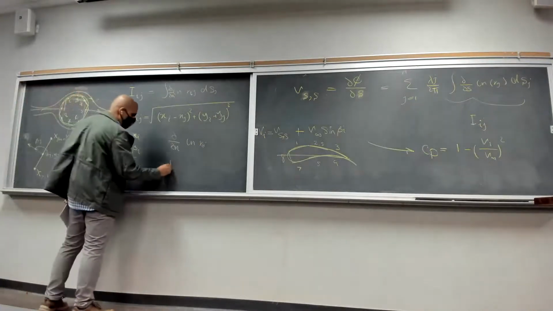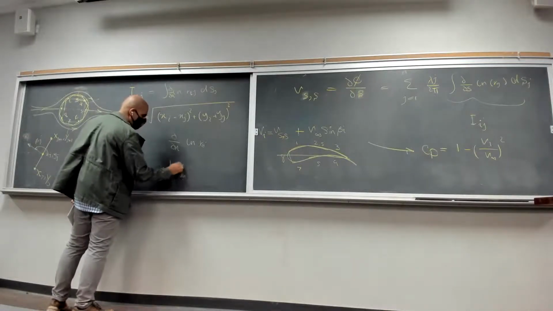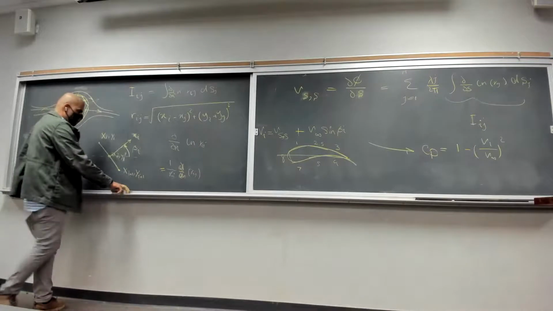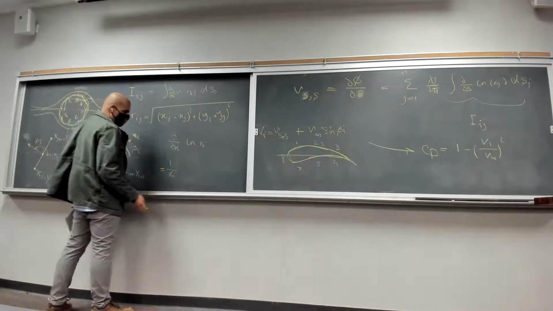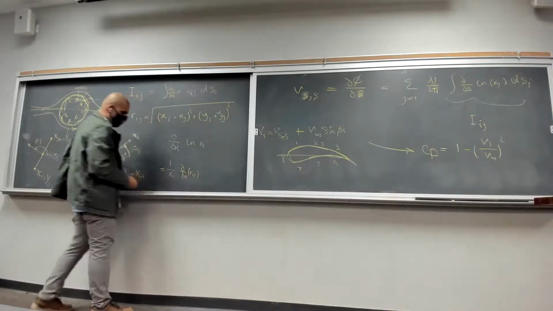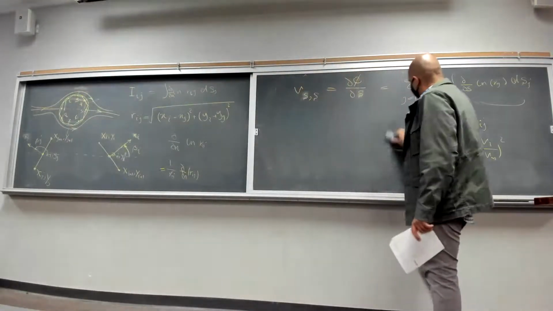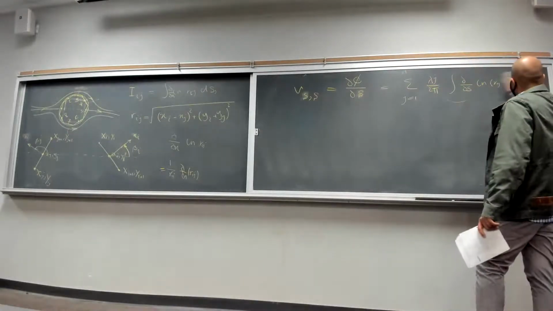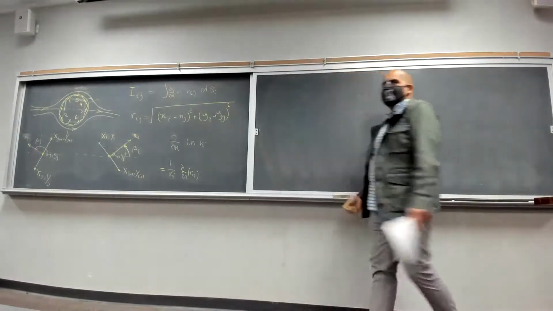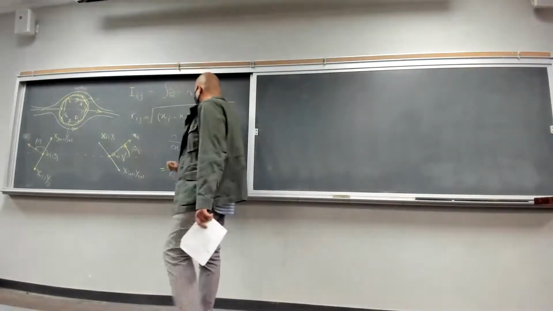So 1 over Rij, the partial n of Rij, right? So are you following? Yes? Okay.